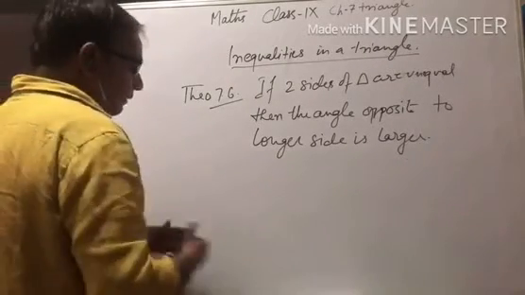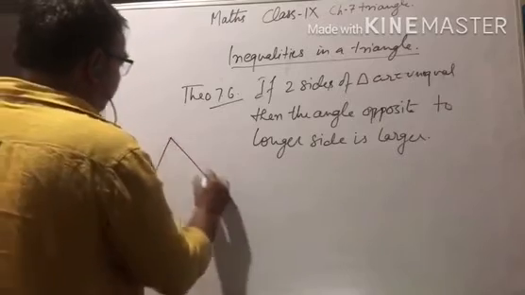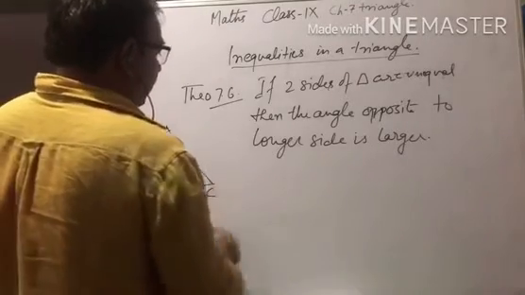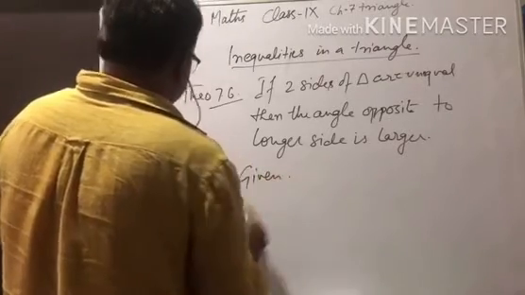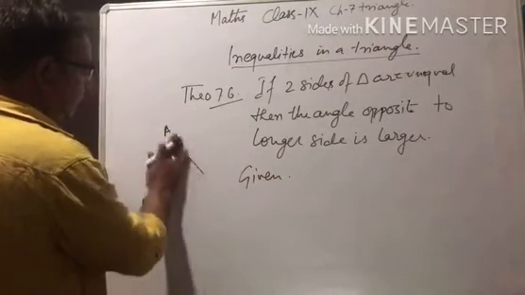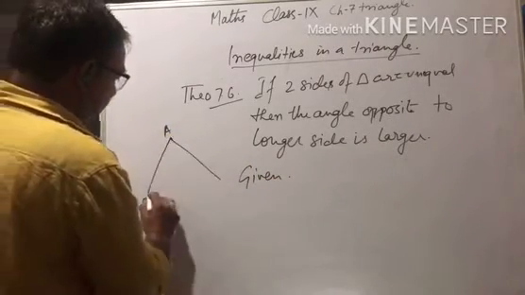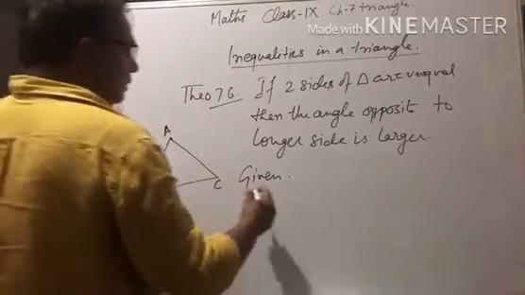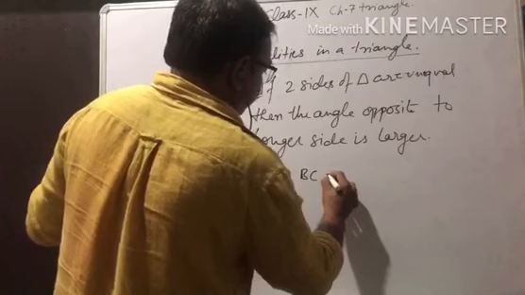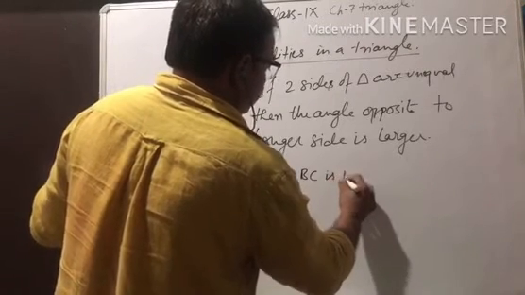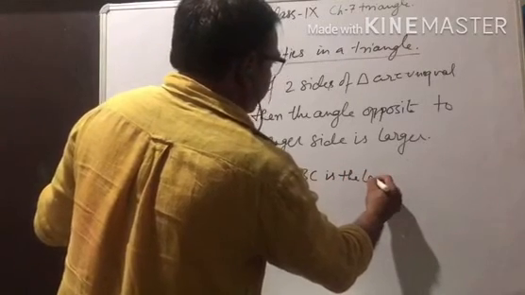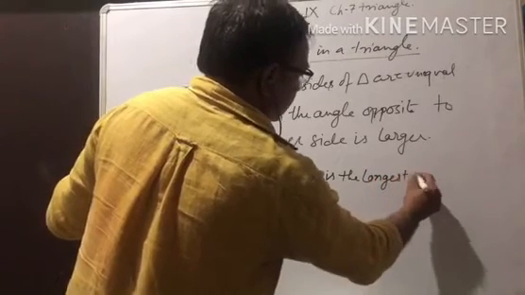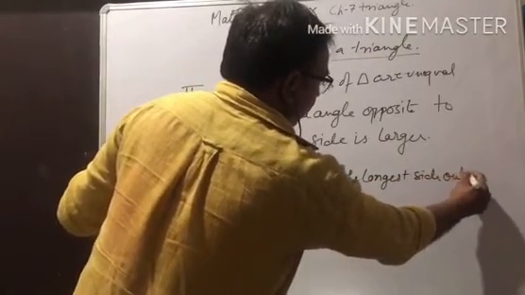Now let us see one example. Suppose here is a triangle ABC and this is given. Suppose BC is the longest side out of 3.